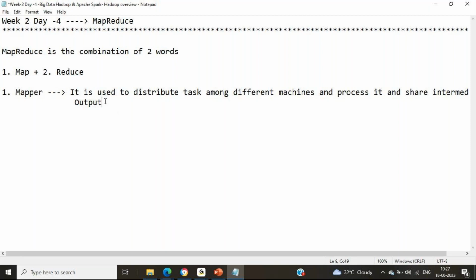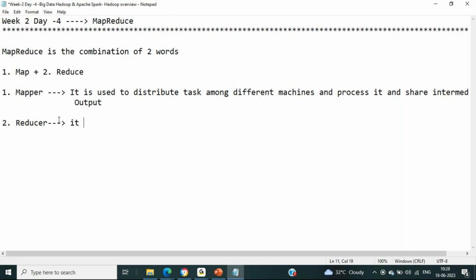So that is the functionality of mapper. Then reducer, what will reducer do?